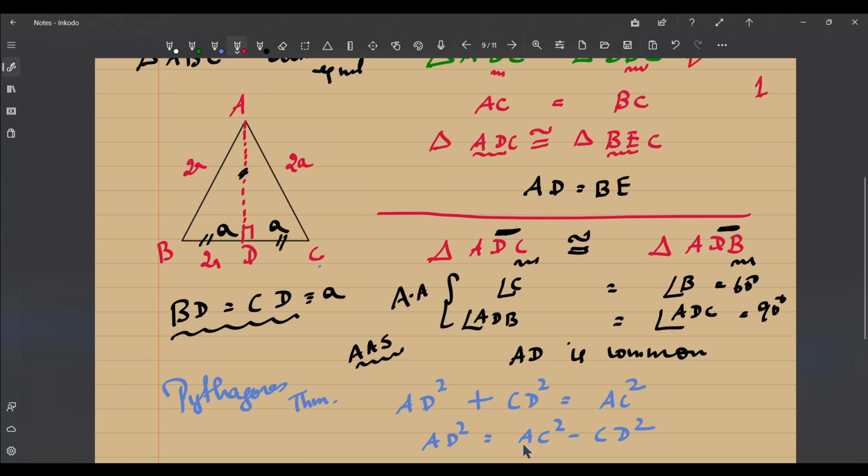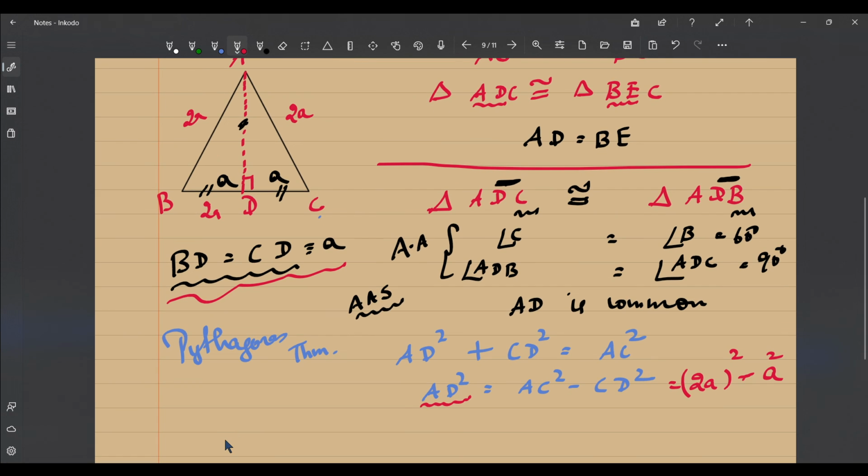We know both the lengths. AC is 2a, the whole squared, minus CD, which we found just now is equal to a. So (2a) squared minus a squared is the square of the length which we are looking for. So let's find it out.